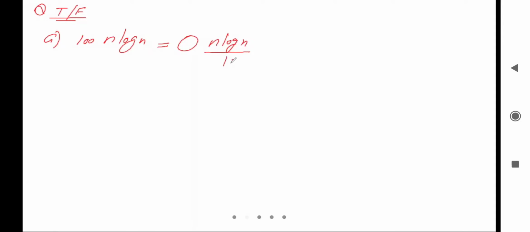Now let's see true or false. So here, option a, it is 100 n log n equal to order of n log n divided by 100.